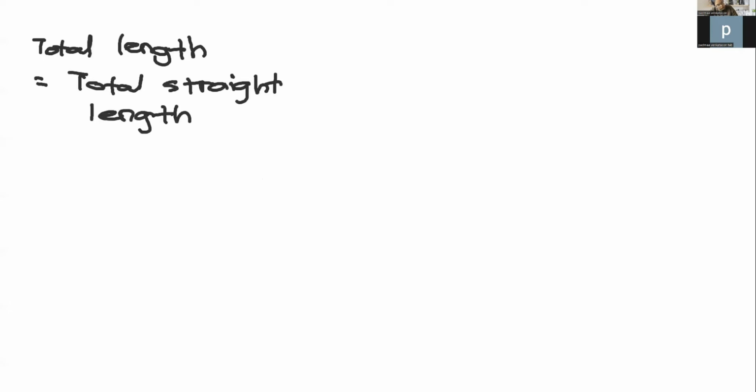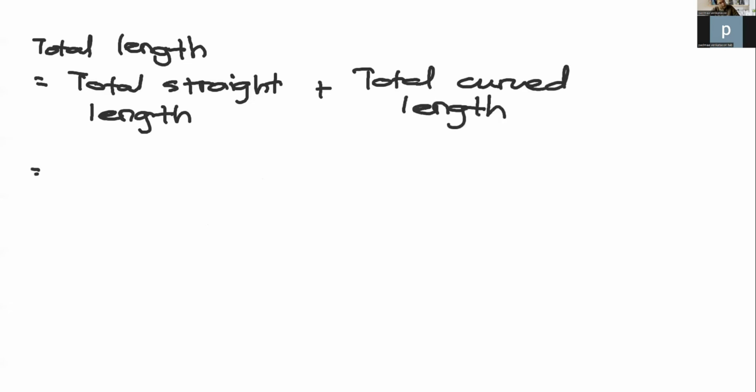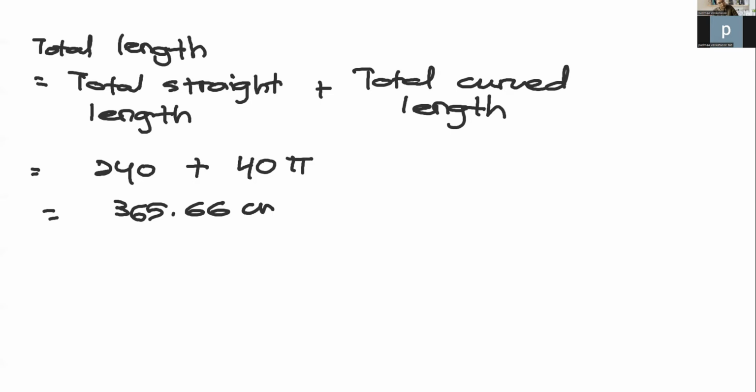Earlier on we got the straight length as 240, plus the curved length, which is 40 pi. So we get 240 plus 40 pi, and if you press the calculator, you get about 365.66 cm. If you round it up, you can write it down as 366 cm, and this is the final answer for part B.